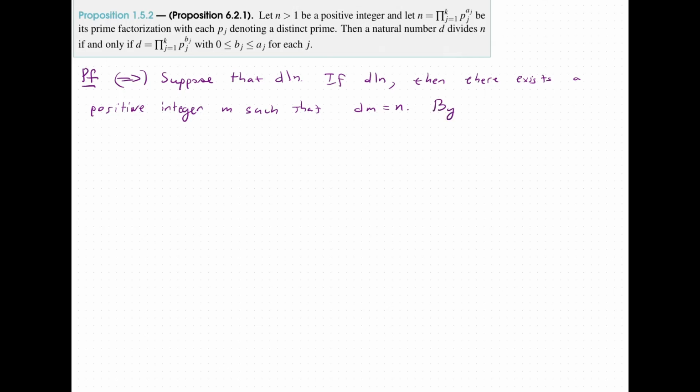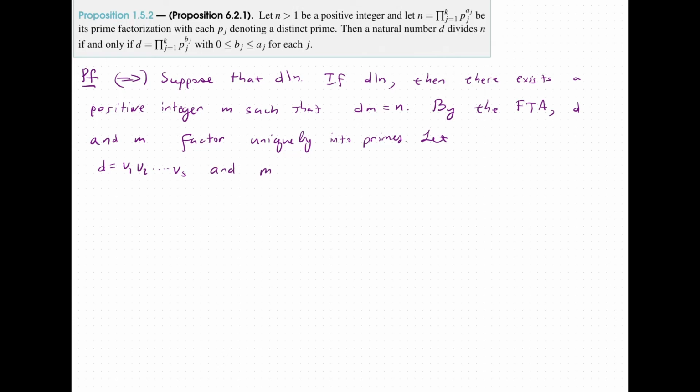So by the fundamental theorem of arithmetic, and I'm going to again abbreviate this as FTA, d and m factor uniquely into primes. So let's call the prime factorization of d the product v1, v2, all the way to some v sub s.